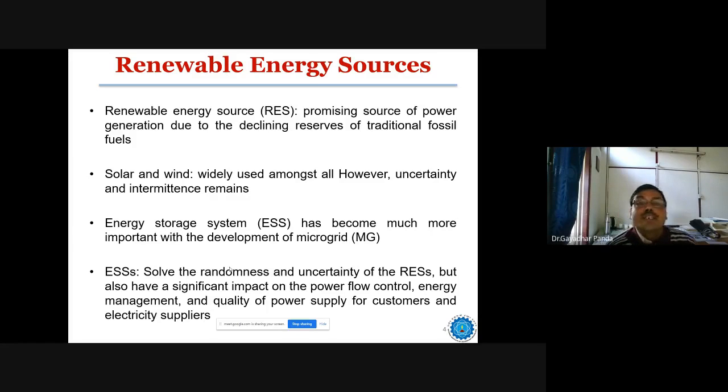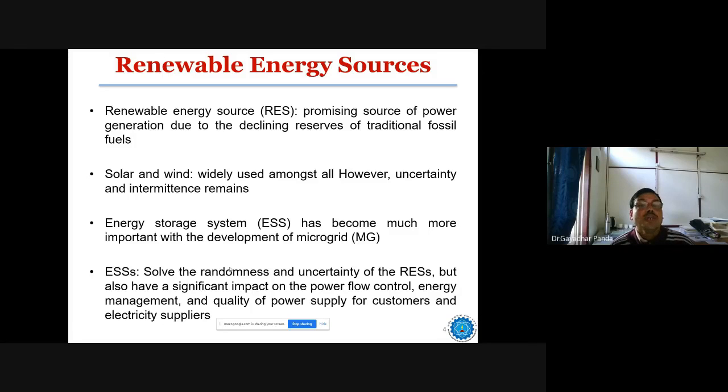Coming to the renewable energy sources, as all of us know, these sources are promising sources for generation of power at present, because there is a depletion of fossil fuels, as well as you know that there is an environmental effect also.